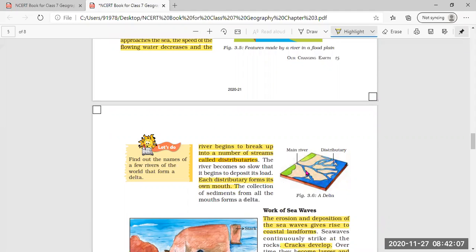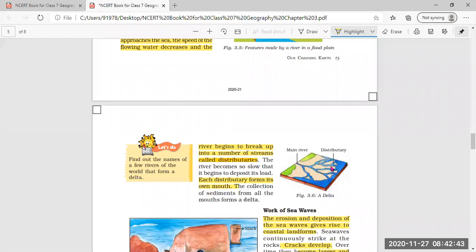And the river becomes so slow that it begins to deposit its load. That means whatever eroded material is carried away is deposited at other places due to the lowering of speed, and the water also gets collected. Each distributary forms its own mouth, and then again it is further divided.